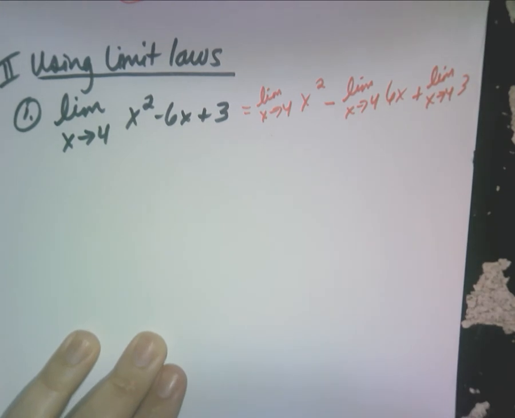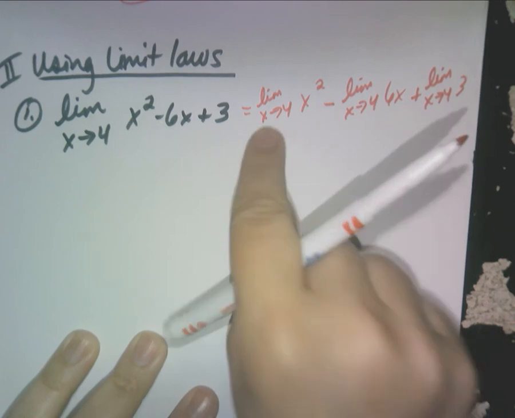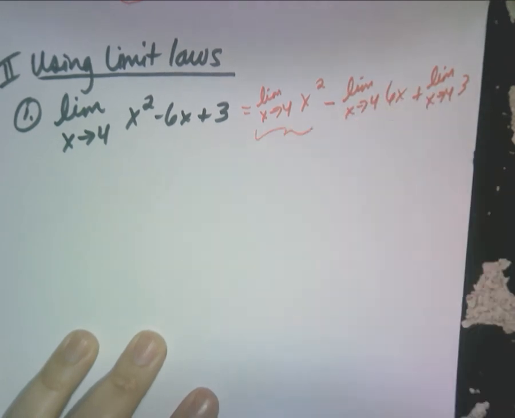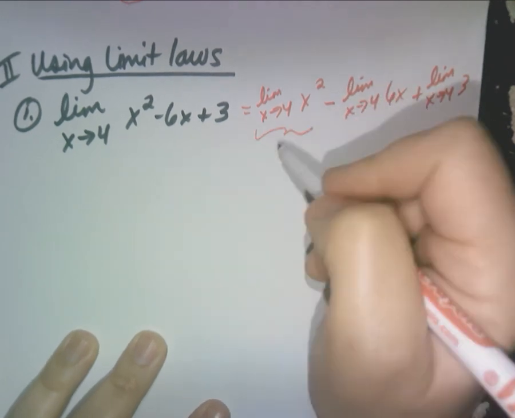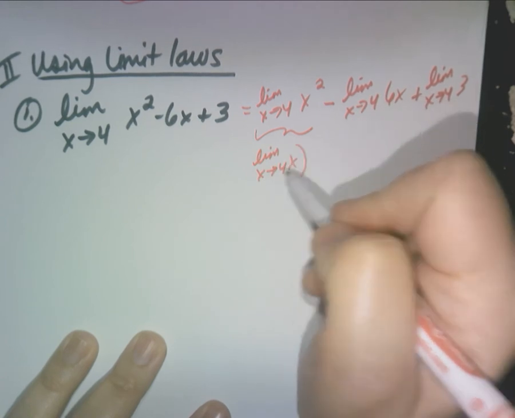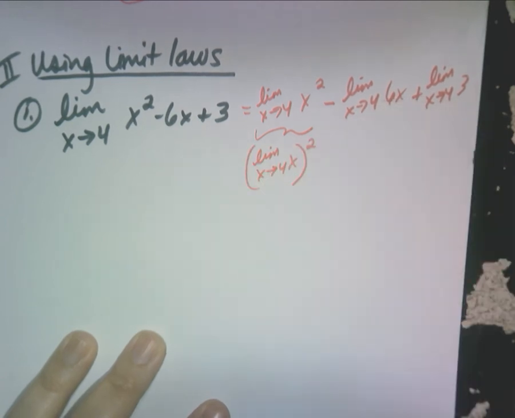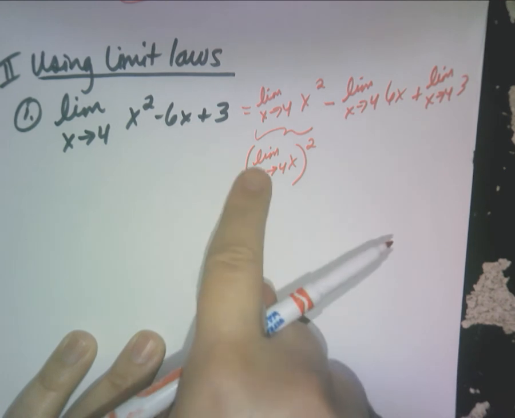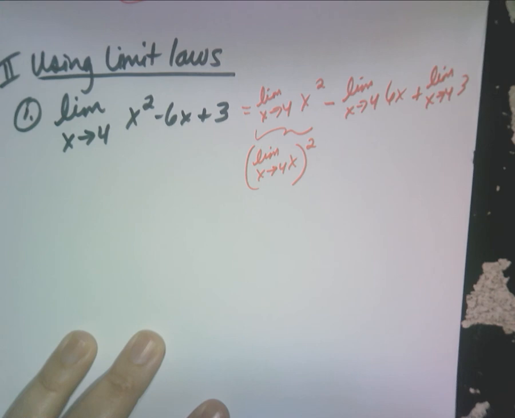Agreed? This one right here, I can actually rewrite as, again, the limit as x goes to 4 of x and then square it. That's what a limit law says I can do, right? Look at all our limit laws. It says you can just put the limit right there next to the function and then do the nth power.